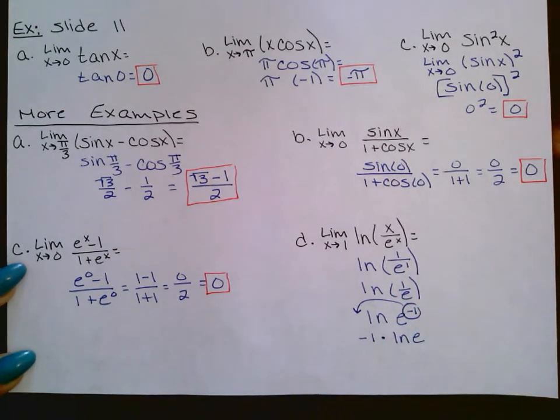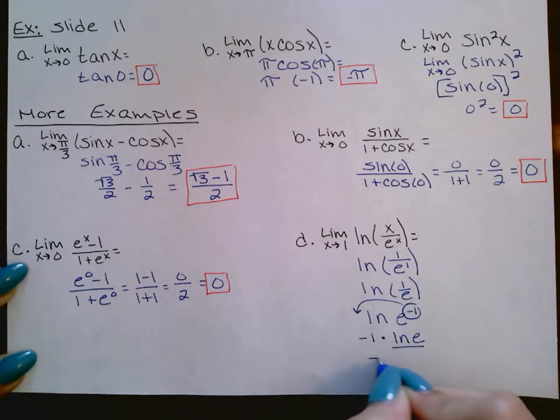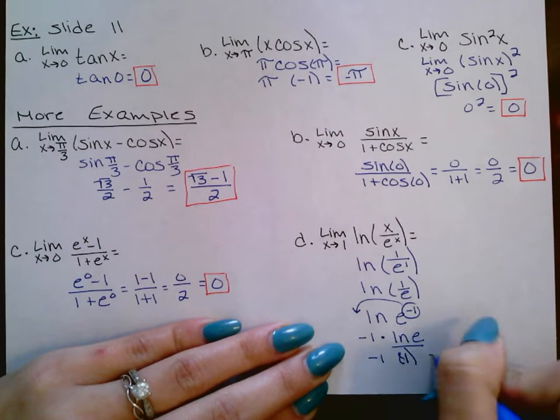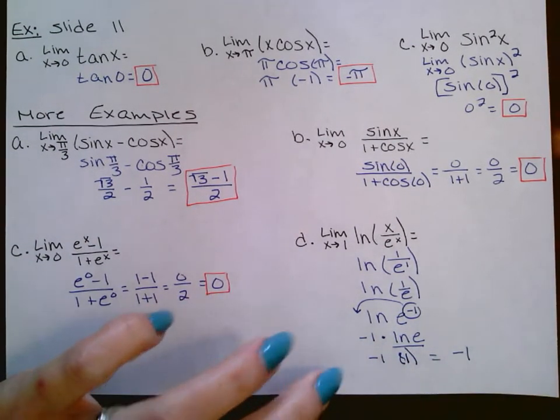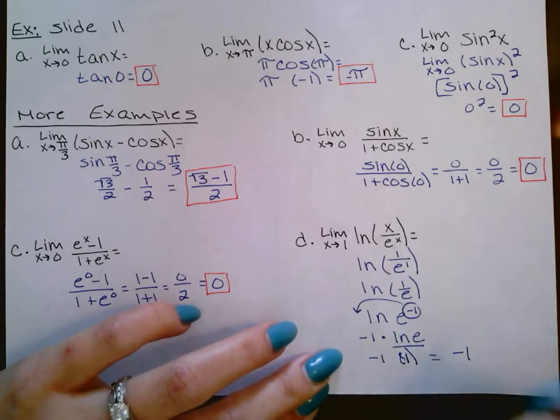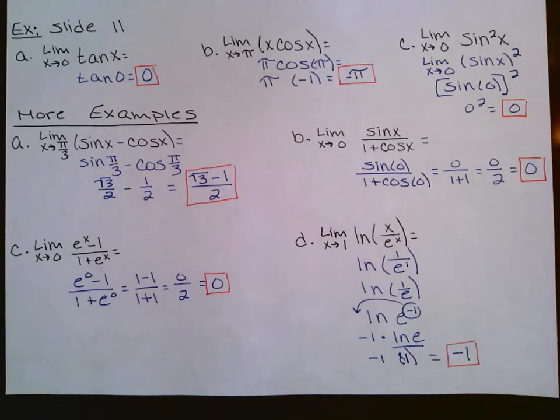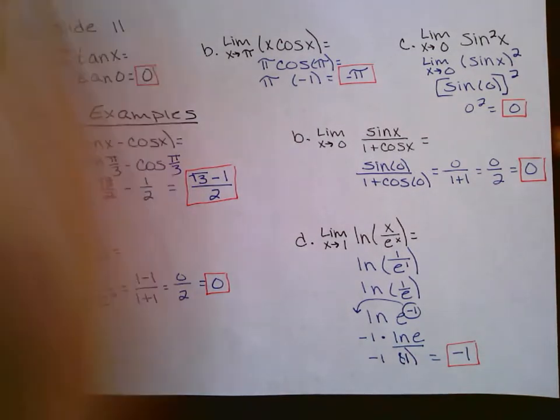Now that I have ln of e by itself, I know that ln of e equals 1, so it's like saying negative 1 times 1, which is just negative 1. Okay? Again, a lot of ln and e's and exponential rules going into play there. Let's take a look at the next ones.